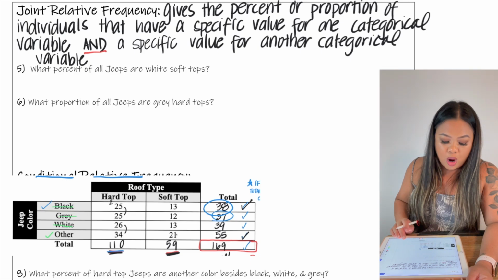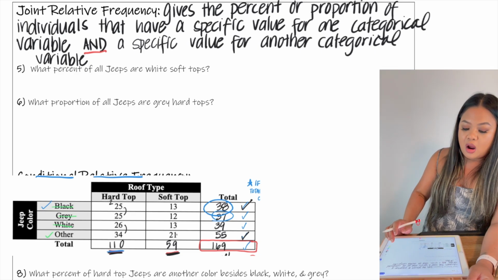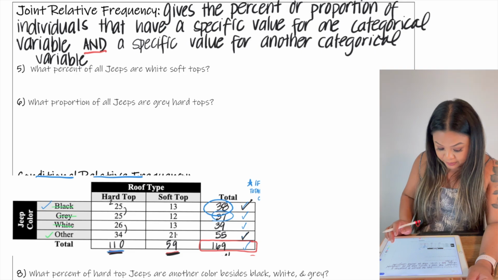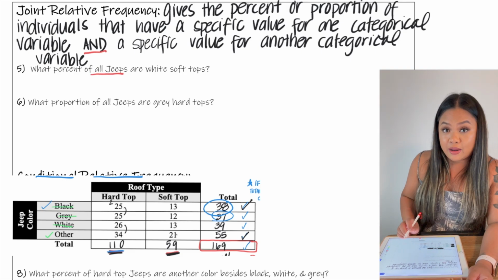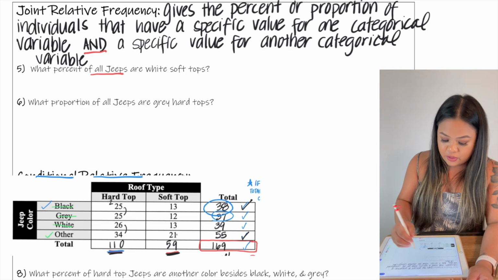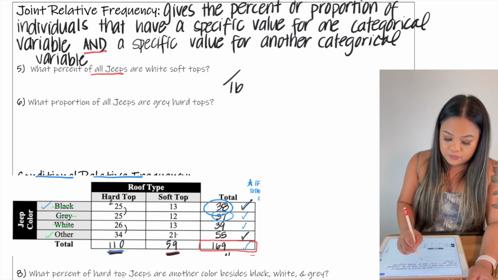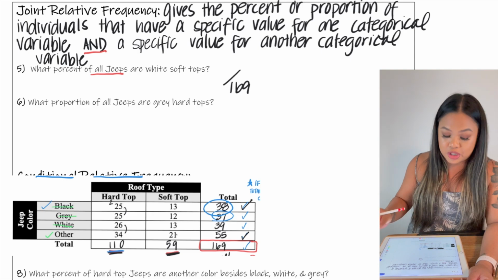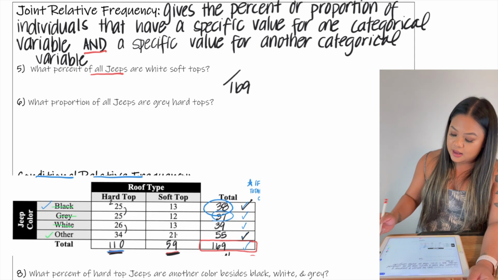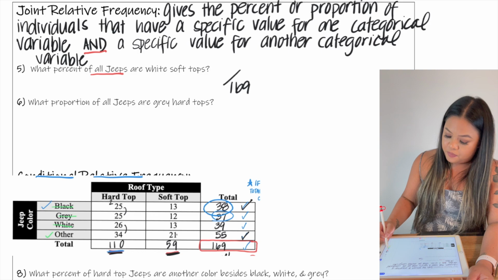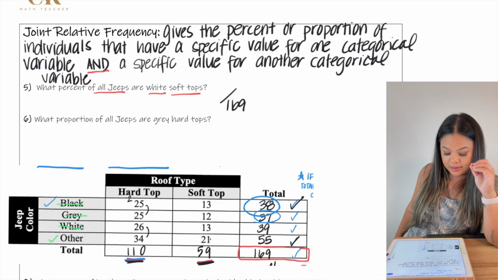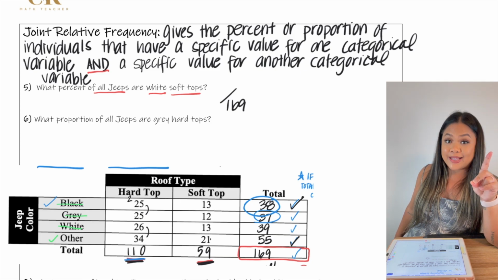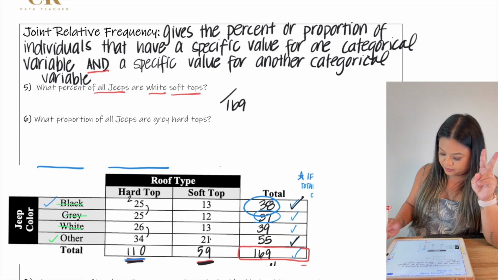Number 5, what percent of all Jeeps are white soft tops? So we're still looking at all of the Jeeps. So what's the total of that? 169, okay, so that's going to be our denominator. Okay, we're still looking at of all the Jeeps. What percent of the Jeeps are white soft top? I want the box that contains the number for white Jeeps as well as soft top Jeeps.